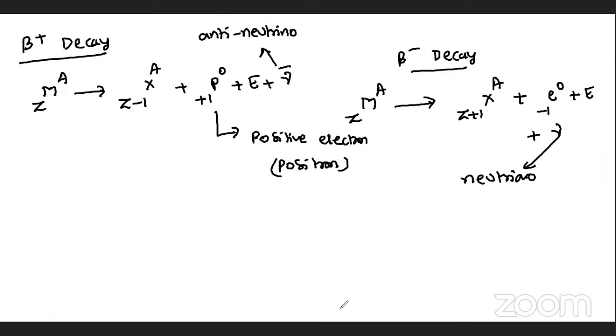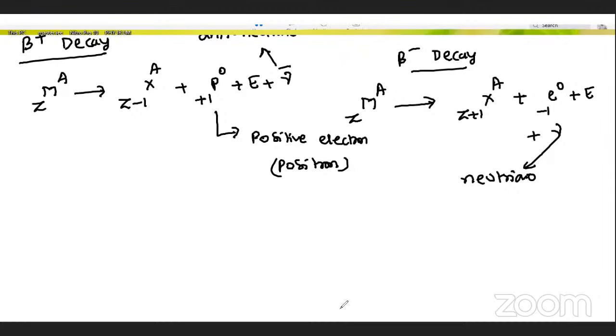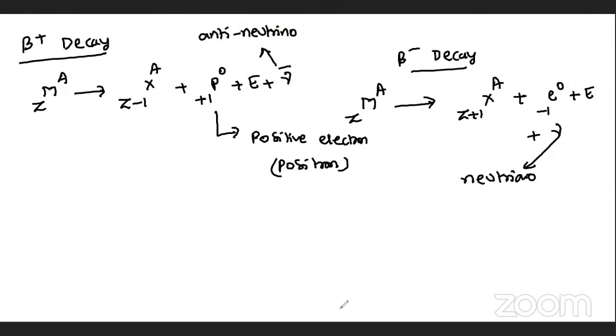Conjugate particle means, for example, the proton is the conjugate particle to the electron. Both have equal magnitude, but with respect to sign they are opposite in nature. So the particles which have opposite charges can be called conjugate particles.